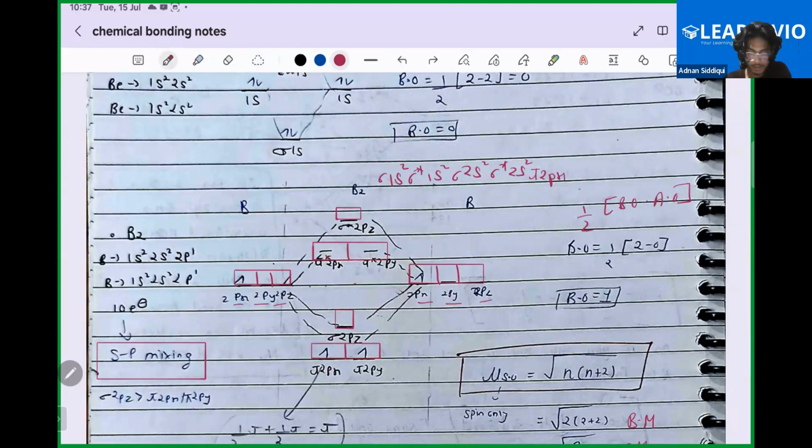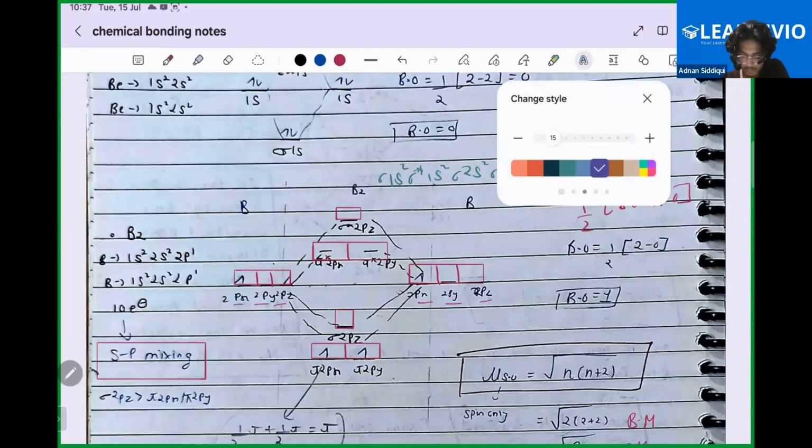Pi 2px 1, then pi 2py 1. I made a mistake, it was y. Okay, you have to do it like that.